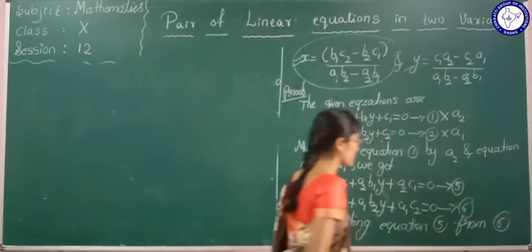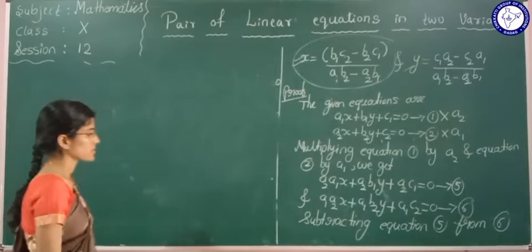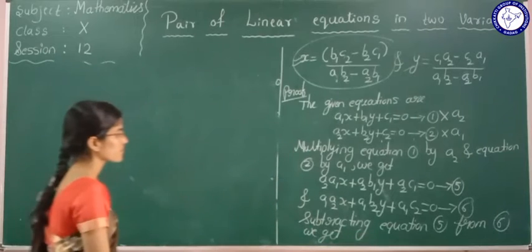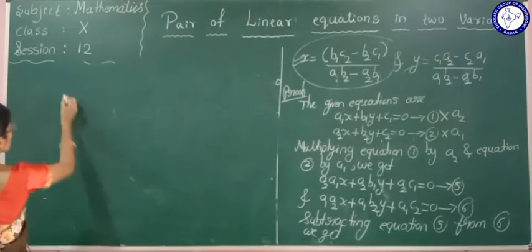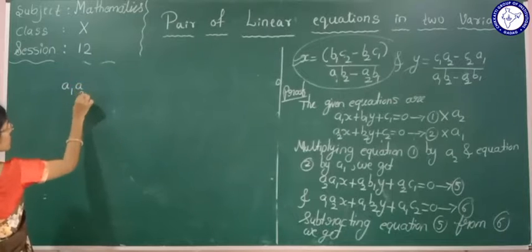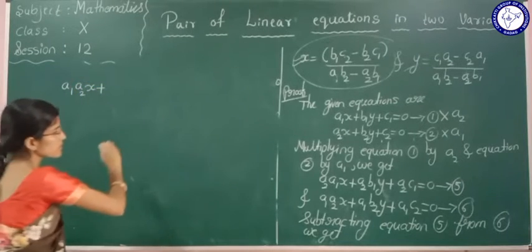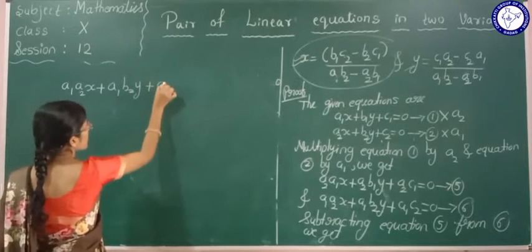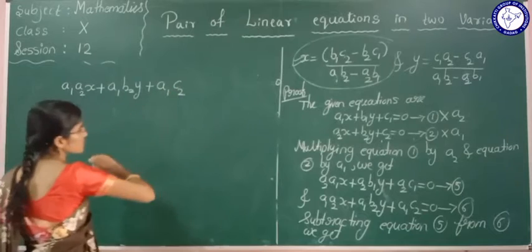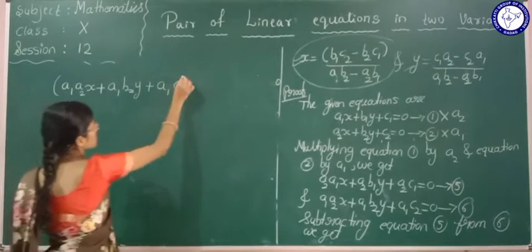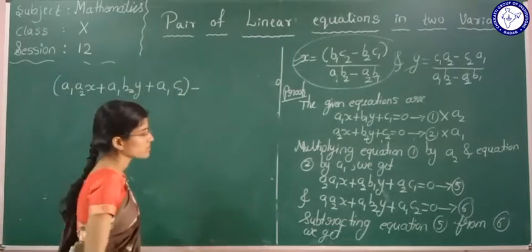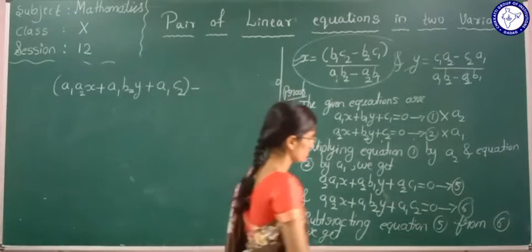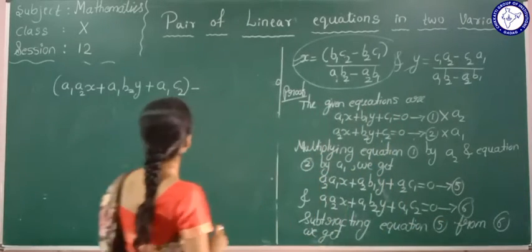If we subtract equation 5 from 6, what will we get? Now see here, equation number 6 is a1a2x plus a1b2y plus a1c2, this is equation 6 minus equation 5.